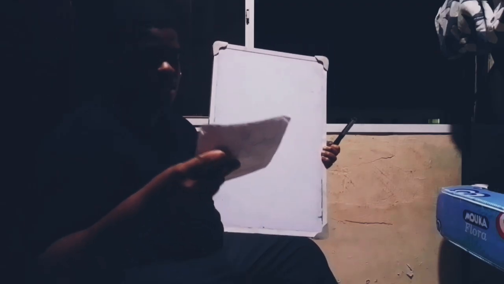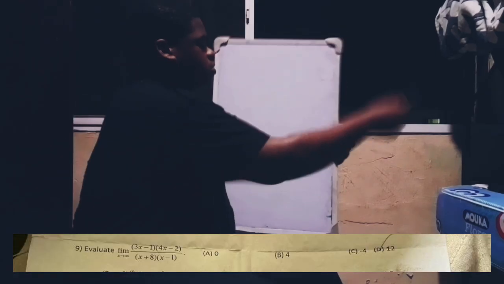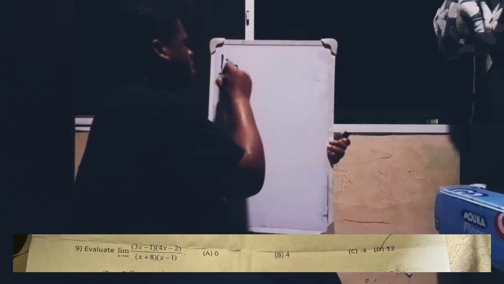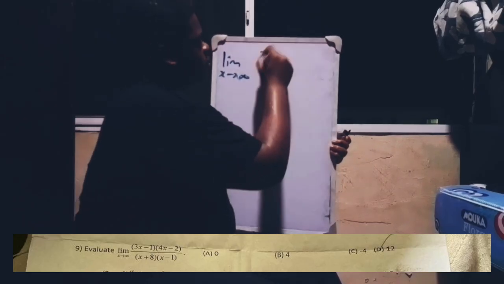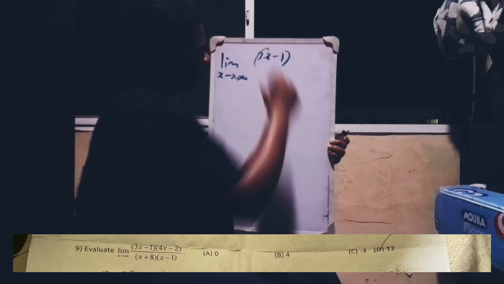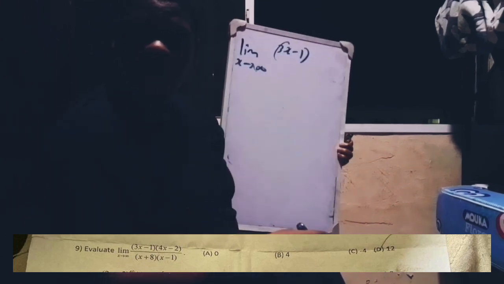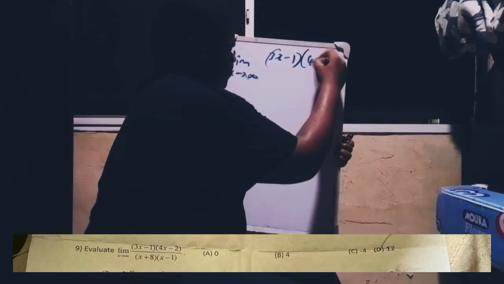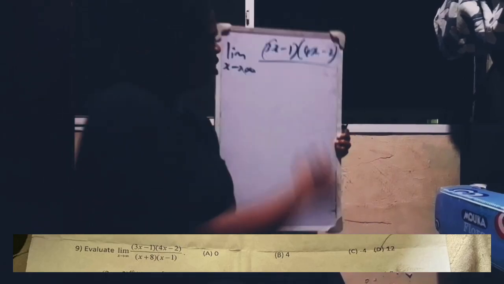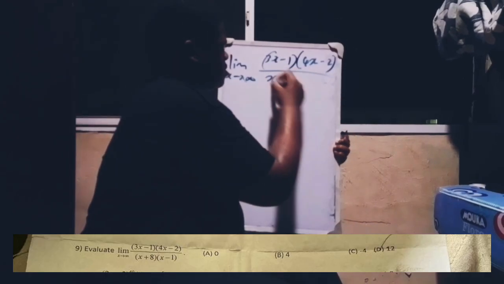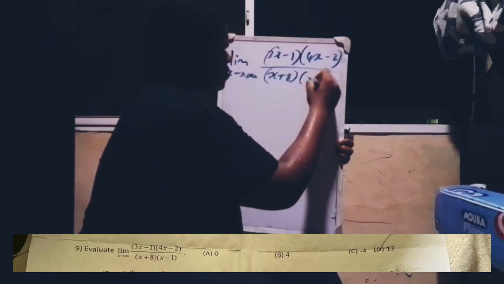Question 9. We should evaluate the limit as x tends to infinity of (3x minus 1) times (4x minus 2) divided by (x plus 8) times (x minus 1).